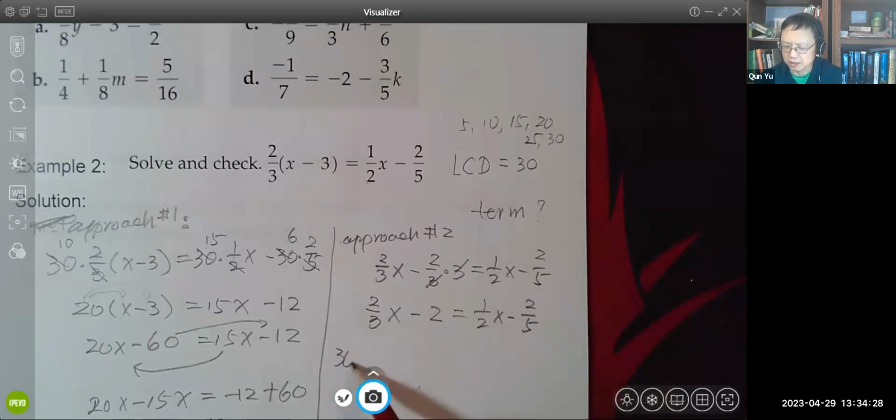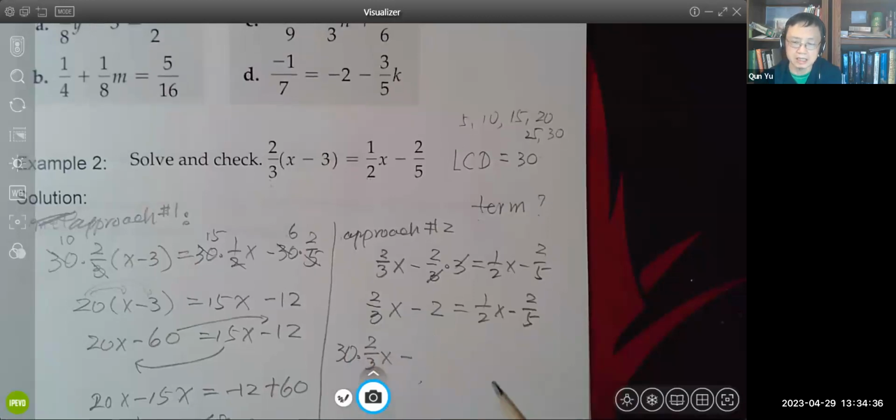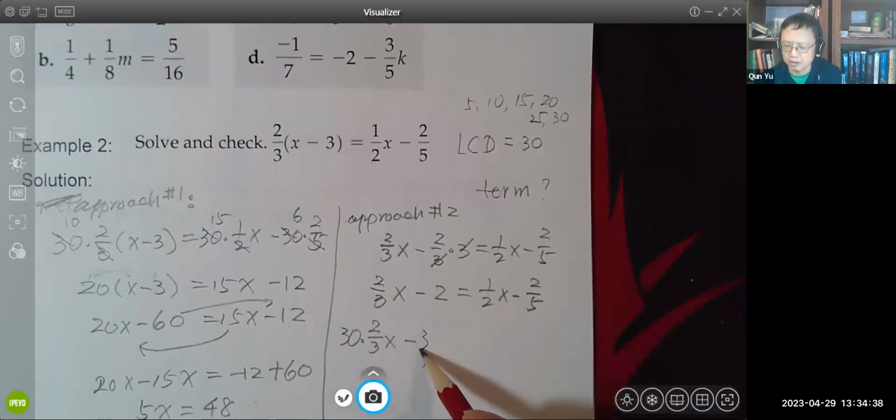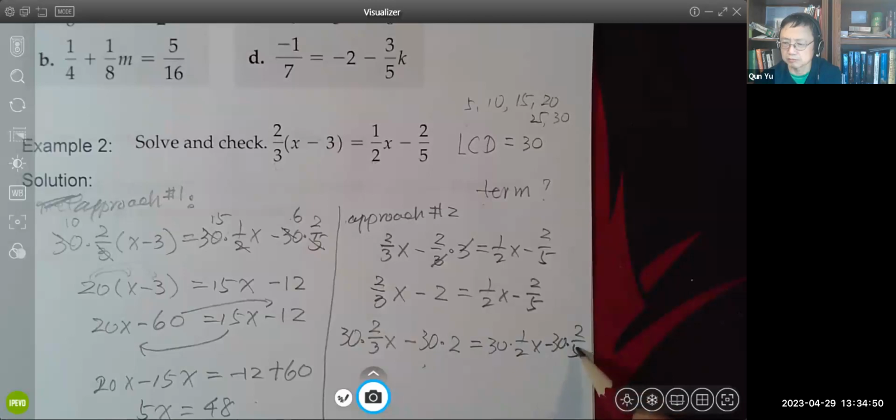So 30 times 2/3 of x. Don't forget, every term should be multiplied by the LCD, even if it is not a fraction. 30 times 2 equals 30 times half x minus 30 times 2/5.